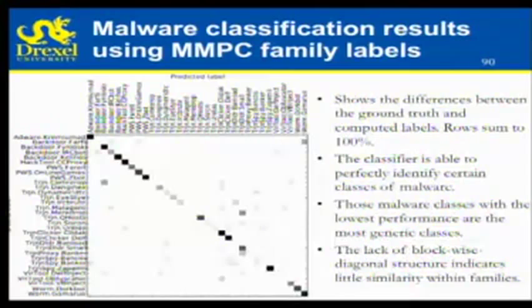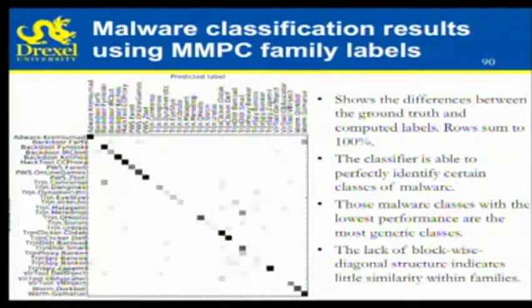Okay, and here is the confusion matrix. I would have been very successful if all of these diagonals were solid black rectangles. As you see, there are some cases where we have a lot of misclassifications.